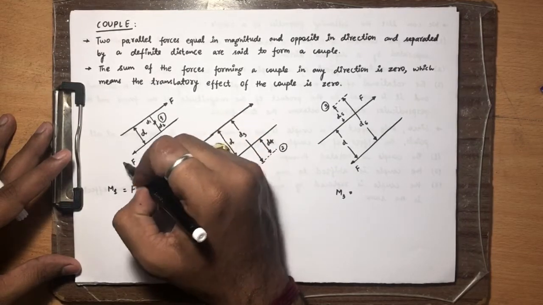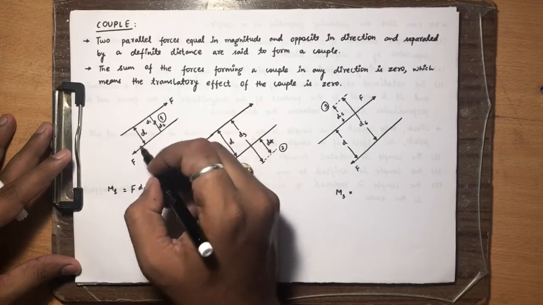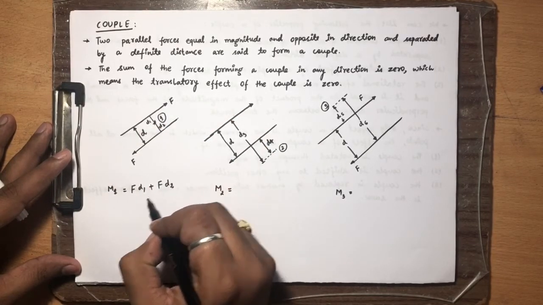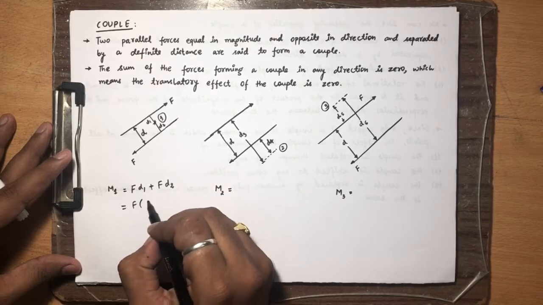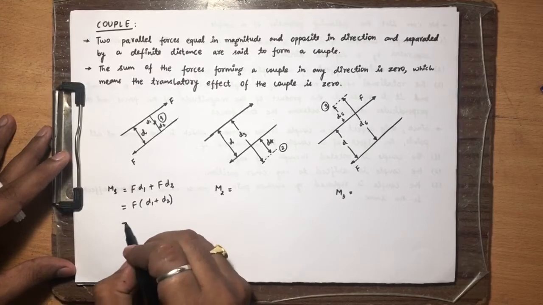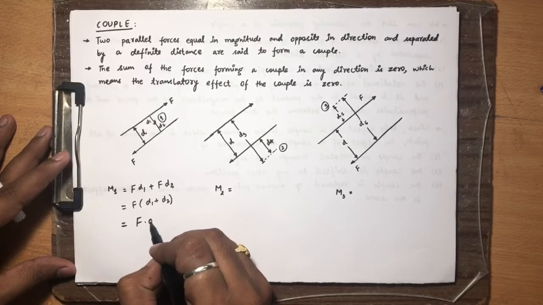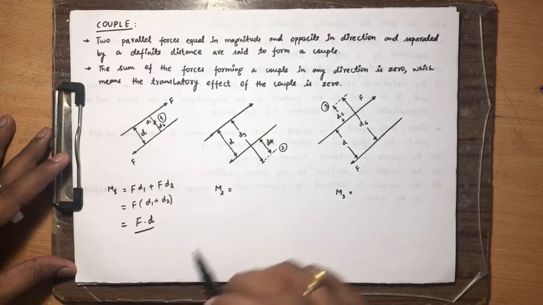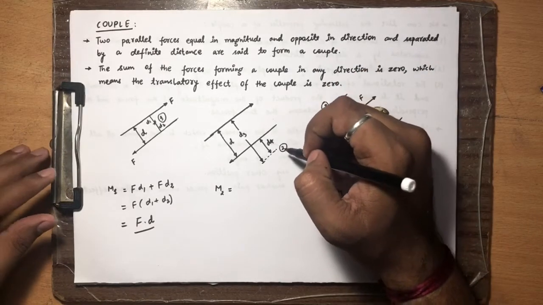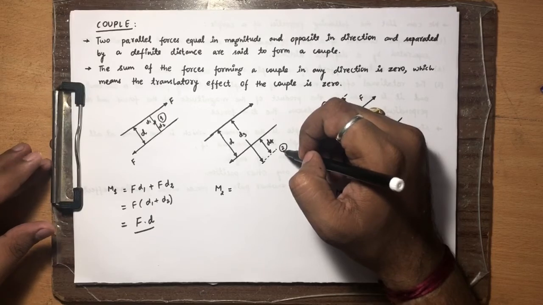For the other force, the point is at d2, clockwise, so it will add. So F into d2. So F into d1 plus d2. d1 plus d2 is d, so F into d. Okay, no problem.